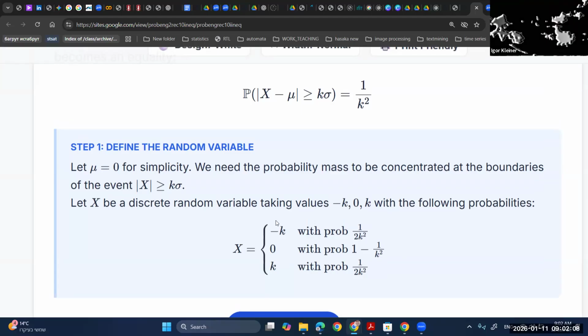Okay, so we want to build some kind of symmetric random variable: 0, k, minus k. This is a random variable. It's symmetric. It equals minus k or k with probability 1 divided by 2k squared each, and it equals 0 with the complement of these two, 1 minus 1 divided by k squared.